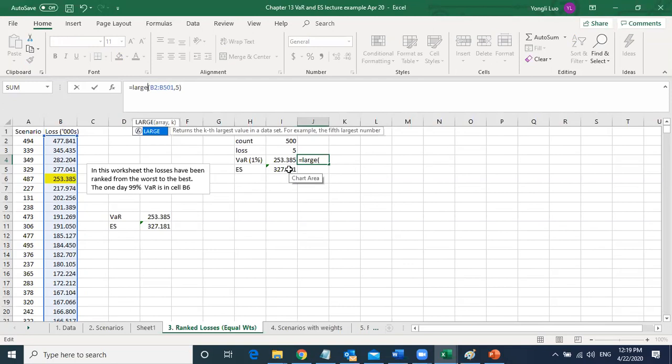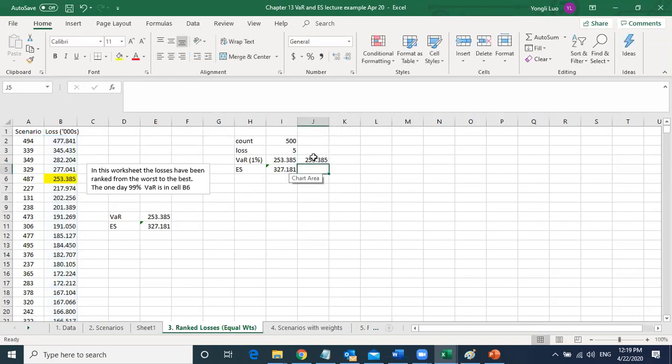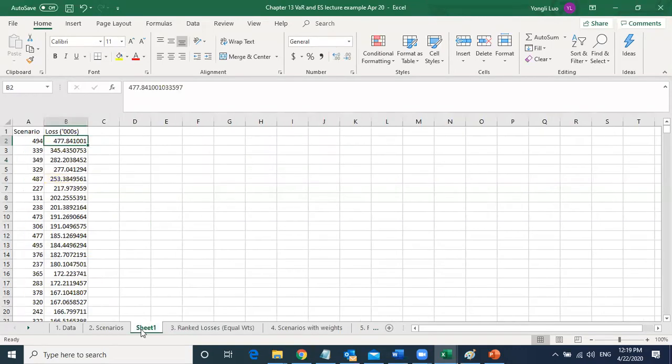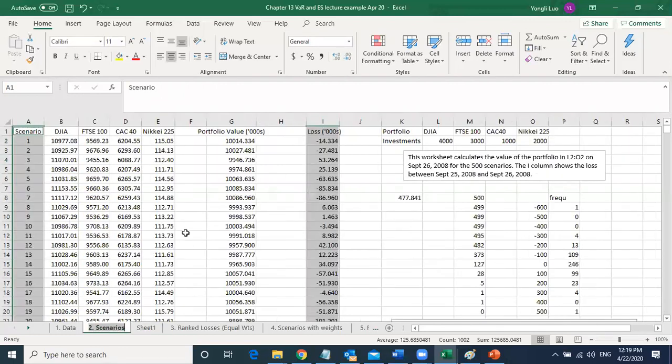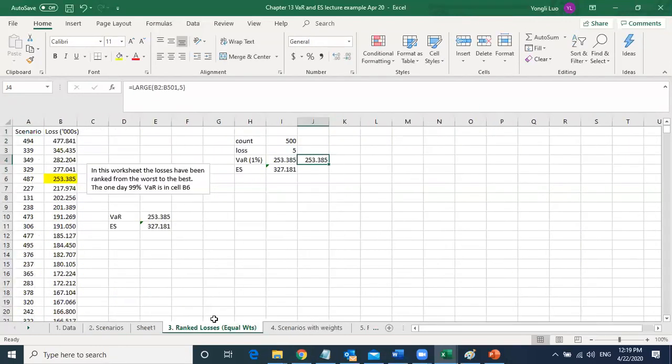So we choose LARGE, and it will give you exactly 253. That's if you don't want to rank all your data. If the data is in random order, you can use the Excel LARGE function or SMALL function.